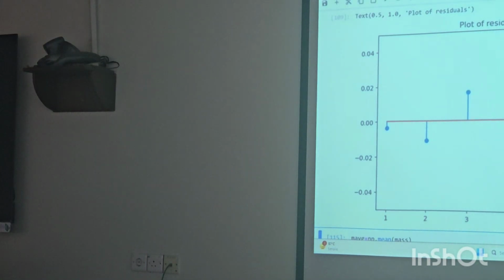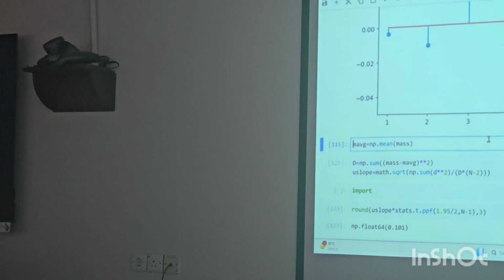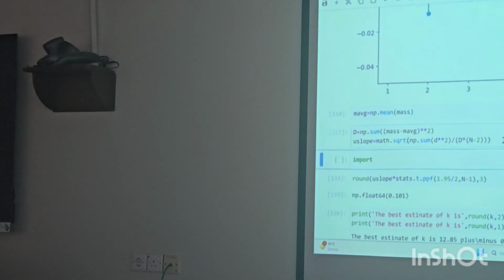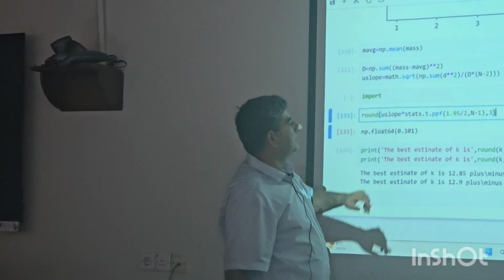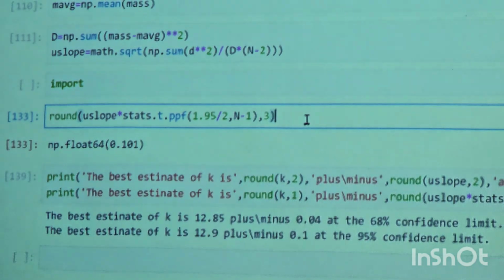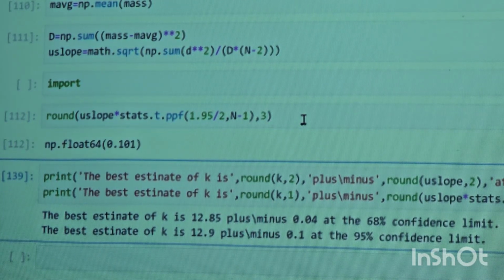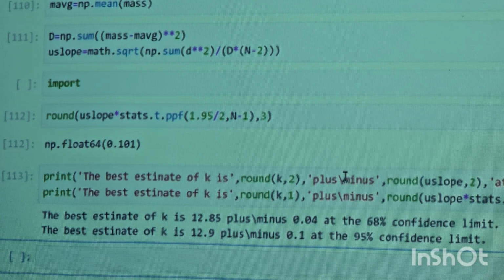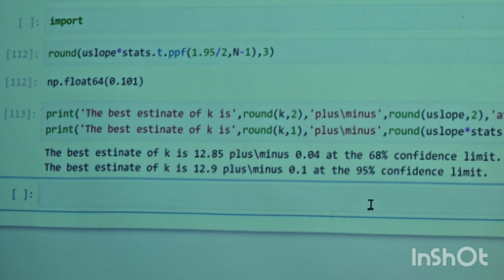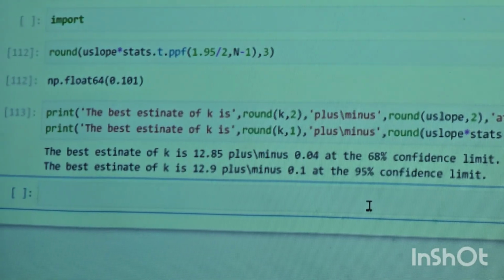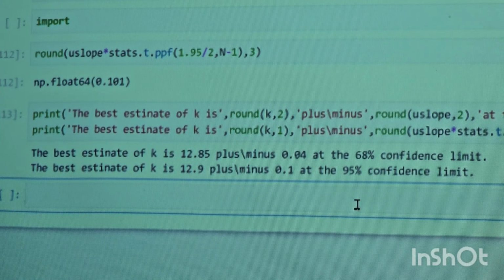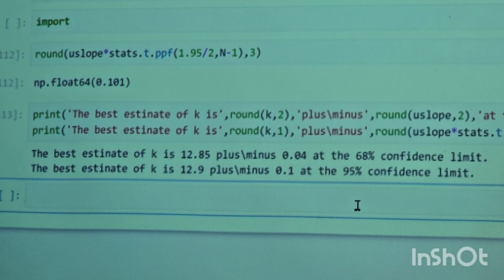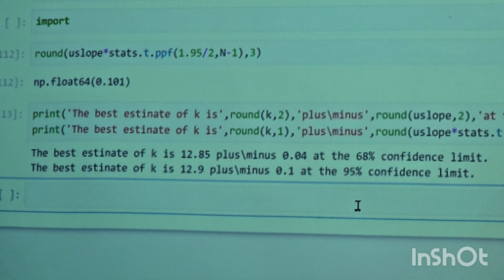And by the way, if I finally compute the uncertainties, now I am also invoking the t statistic. I'm looking at 95% confidence intervals once again. So this is my final result. 12.9 is my best estimate of k, and the uncertainty in that value of k is 0.1 at the 95% confidence level.